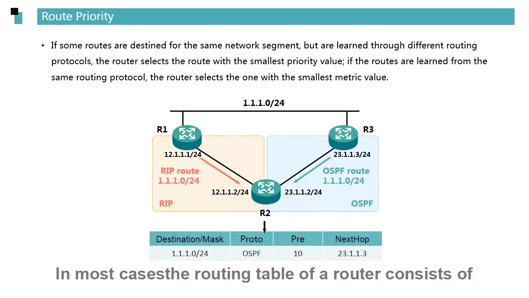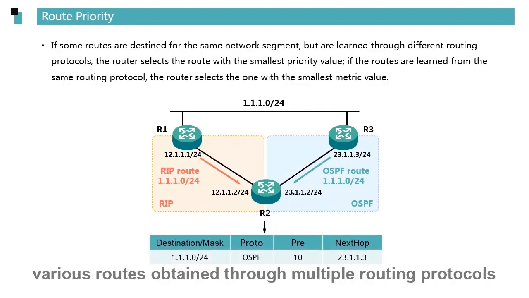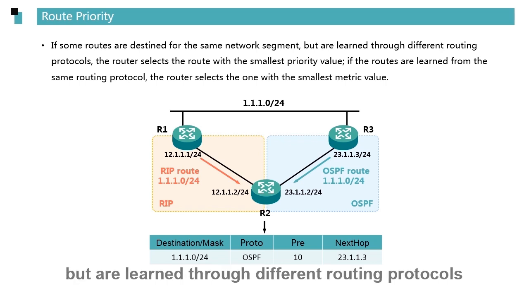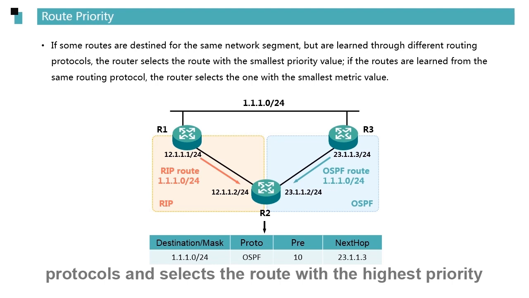In most cases, the routing table of a router consists of various routes obtained through multiple routing protocols. If some routes are destined for the same network segment but are learned through different routing protocols, the router compares the priorities of these routing protocols and selects the route with the highest priority.